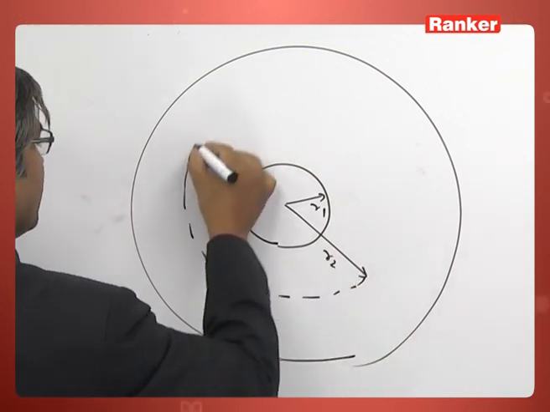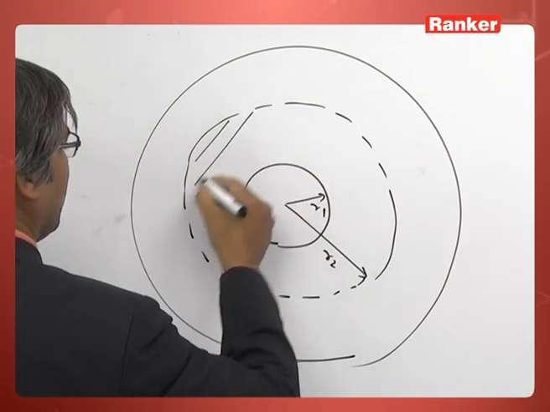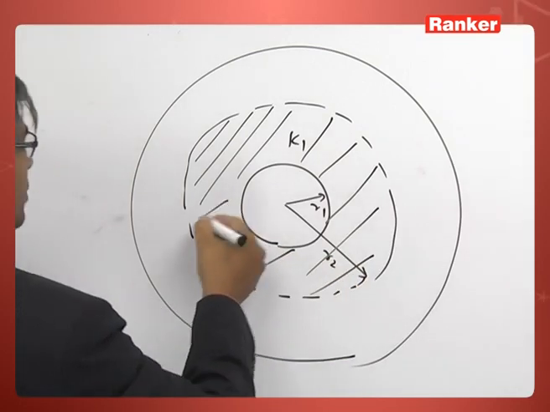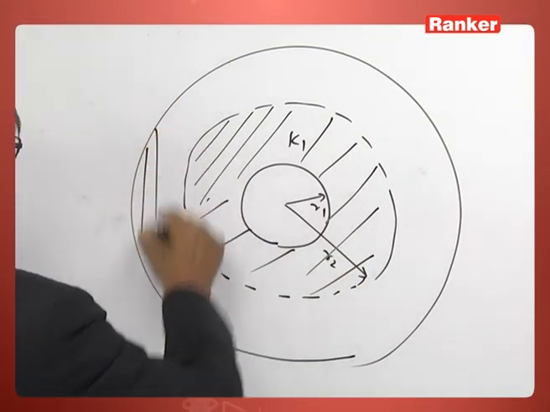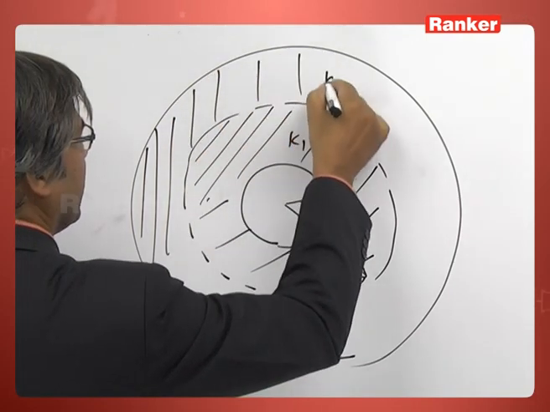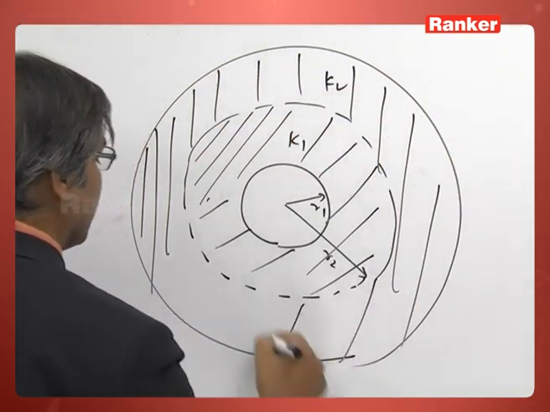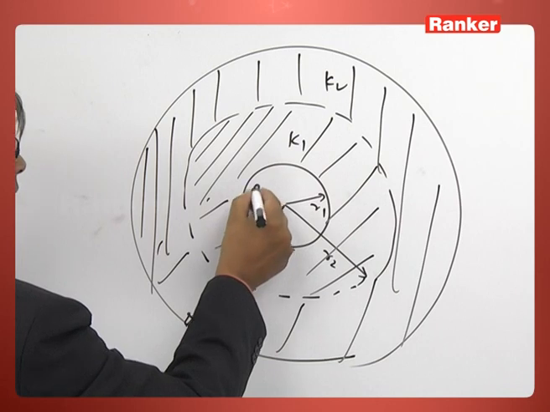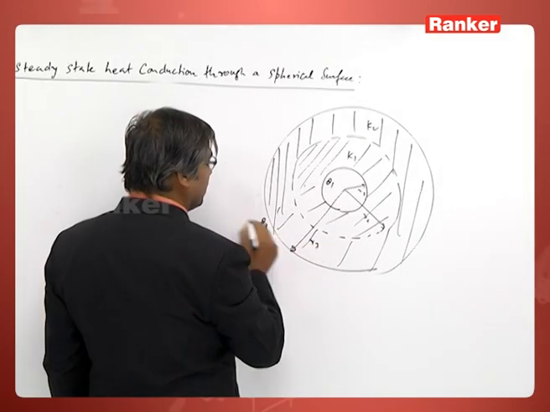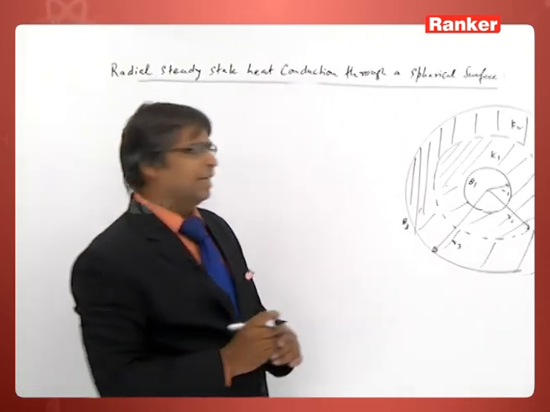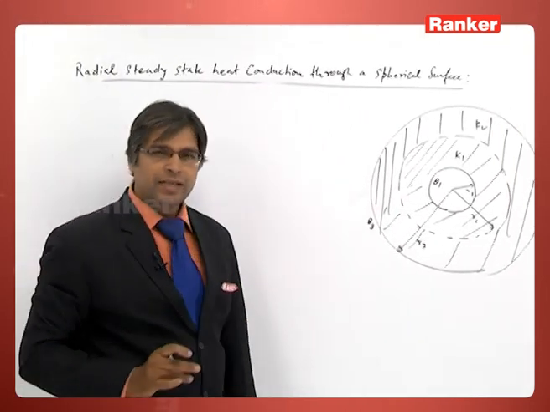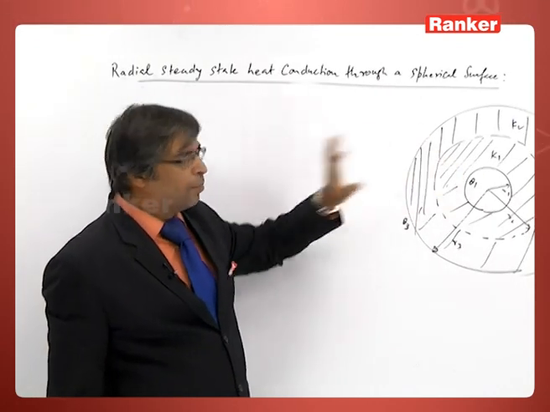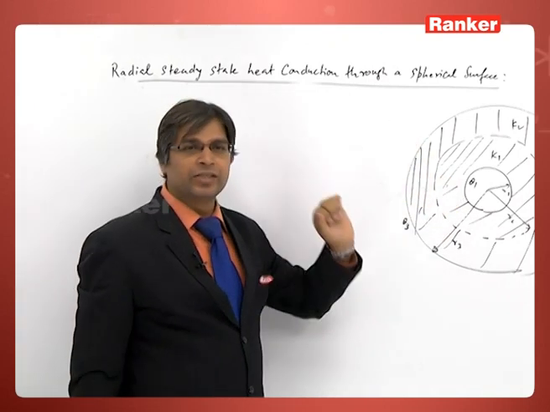Up to this region we have one spherical resistor with K1, and we have another resistor with K2 that extends from R2 to R3. This is theta 1 and this is theta 3, suppose. We are interested in knowing the heat current through this composite spherical thermal resistor.